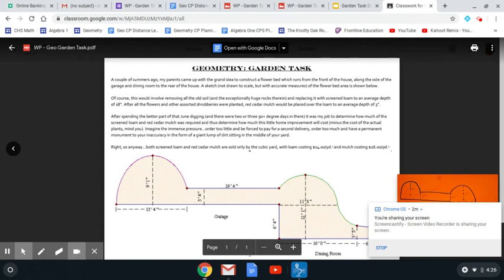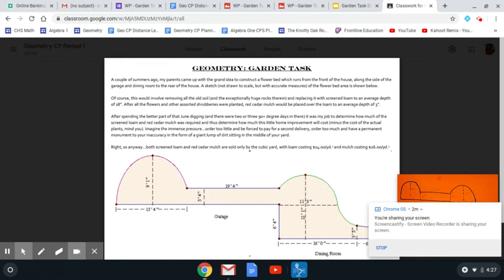When you read through this, guys, I recommend writing down important information. The important information that I got out of this is that the loam is $14 per cubic yard. The mulch is $26 per cubic yard.